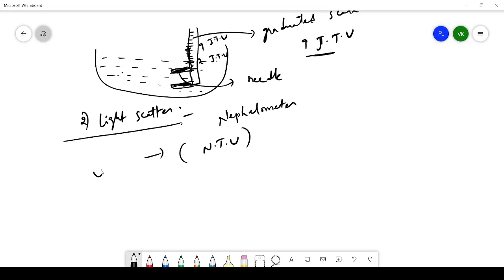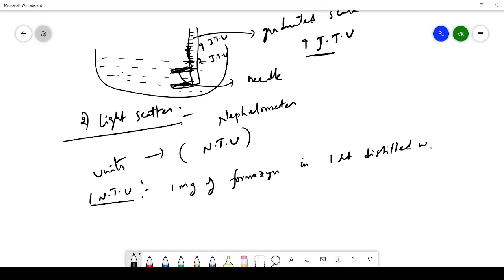The units for turbidity measured based on nephelometer are called NTU, and the meaning of one standard NTU is: if we add 1 milligram of formazine in 1 liter distilled water, the turbidity produced is called 1 NTU.